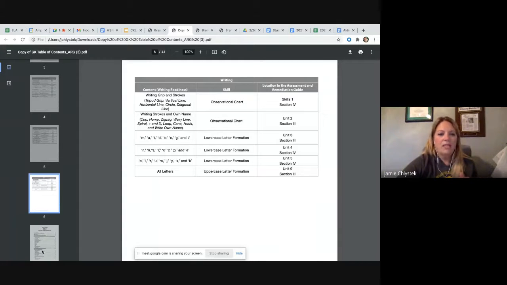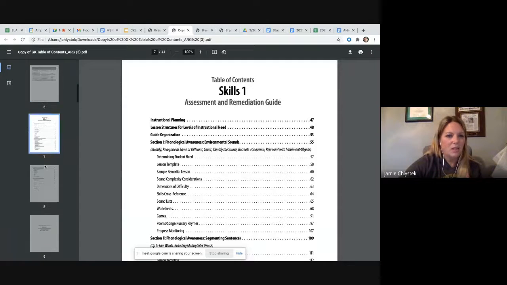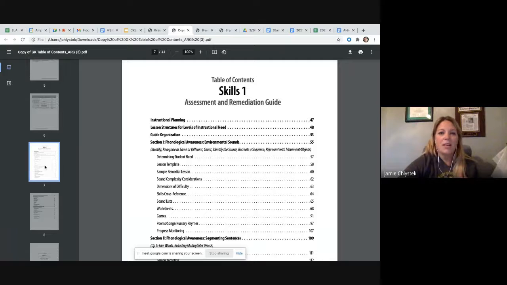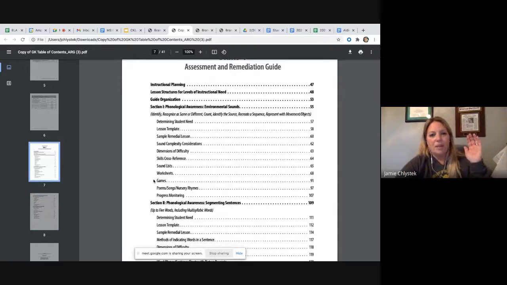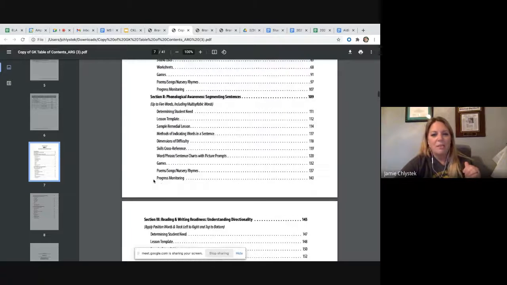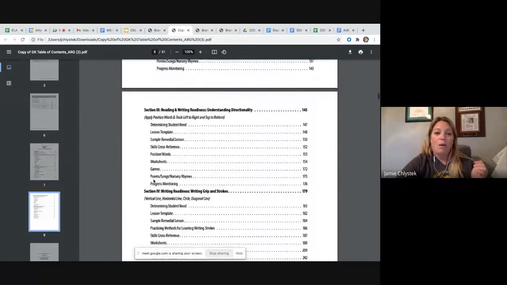The other point is that you have the table of contents, which is just a few pages long, but it goes along for every unit. Within every table of contents, it's broken into sections, broken up by different phonological awareness components, reading and writing, depending on what's covered within that unit.